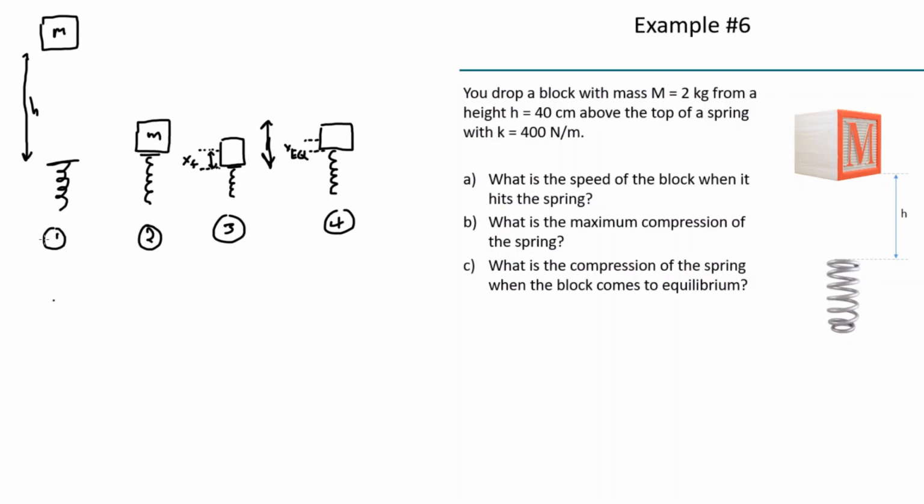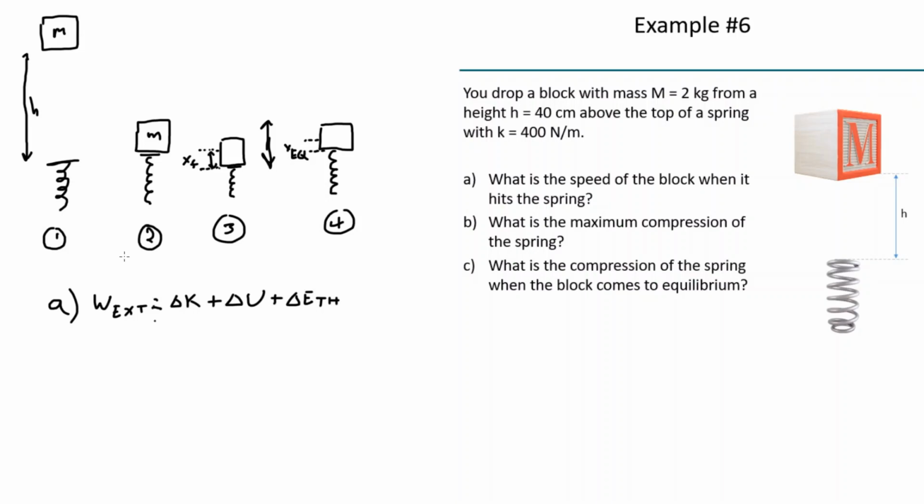Okay. So, part A, we want to find the speed of the block when it hits the spring. Well, let's do this using energy. So we're going to start out with the work energy theorem. The work done by external forces equals delta K plus delta U plus delta E thermal, and we won't worry about E internal.